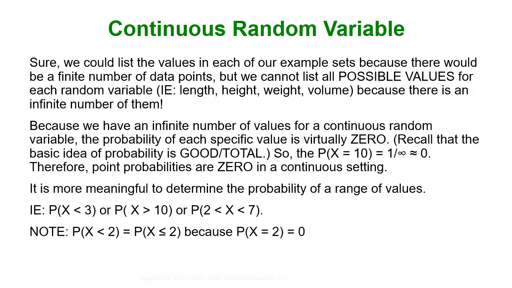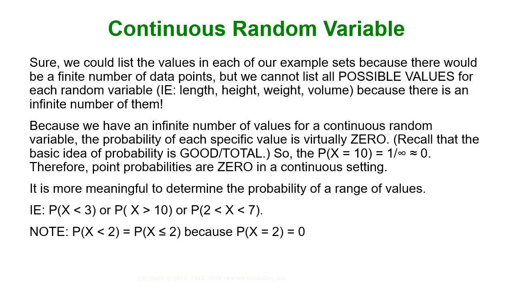Now you'll remember that the basic idea of probability is simply good over total. And so let's just say we want to know the probability that x equals exactly 10. Well, in a continuous random variable, the good is 1, because 10 can only be done one way, but the total is infinity. So good over total is basically 1 over infinity, and that's roughly 0, right?